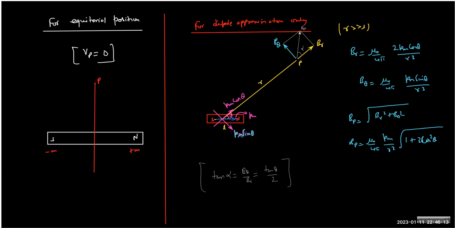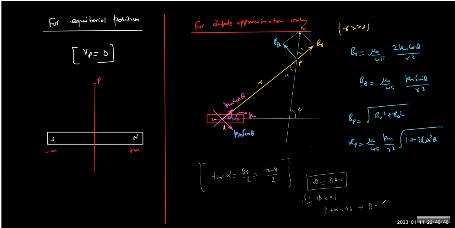And what is the angle between the dipole moment vector and the resultant B vector? What is the angle between these two? Any guess? Let's call it phi, equal to alpha plus theta. Correct. This is in general true. If phi is 90 degrees, then theta plus alpha is 90.